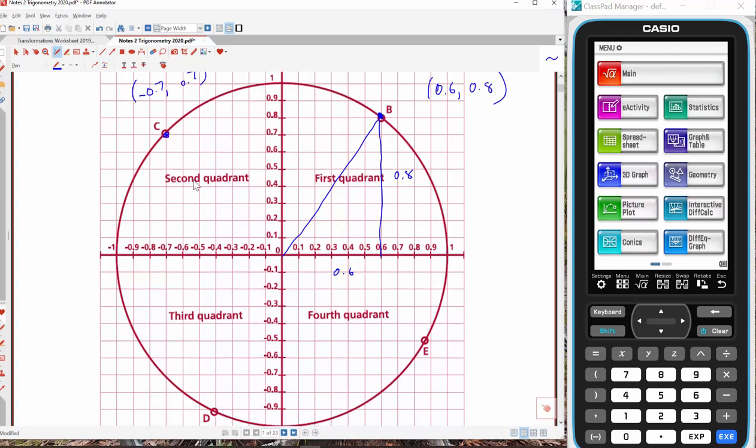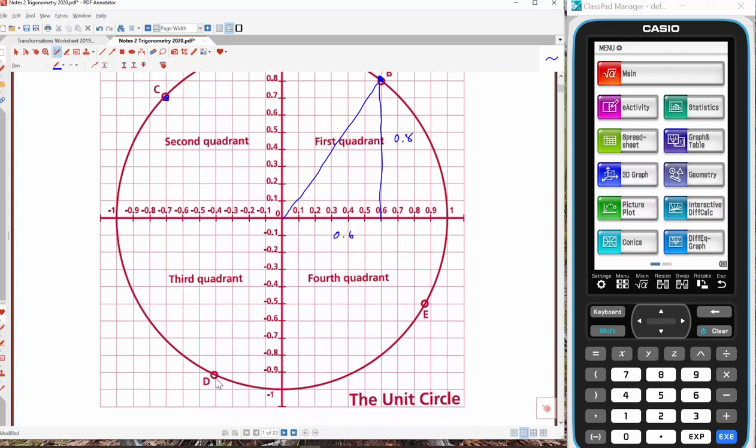Over here, the coordinates will be negative 0.7, that's the x value, and the y value is 0.7. Down in the third quadrant here, we've got what looks to be an x value of, let's go, negative 0.41, comma, negative 0.91 maybe.